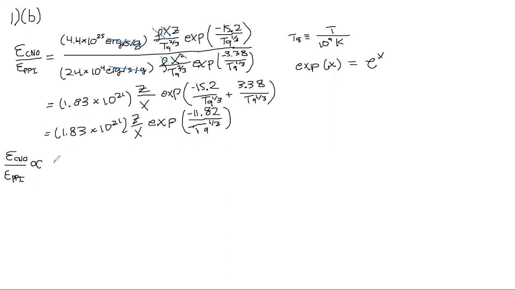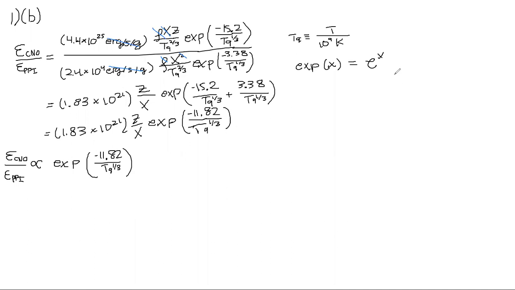So the constants are going to drop out when we turn this equation into a proportionality, and we're just left with dependence on T9.